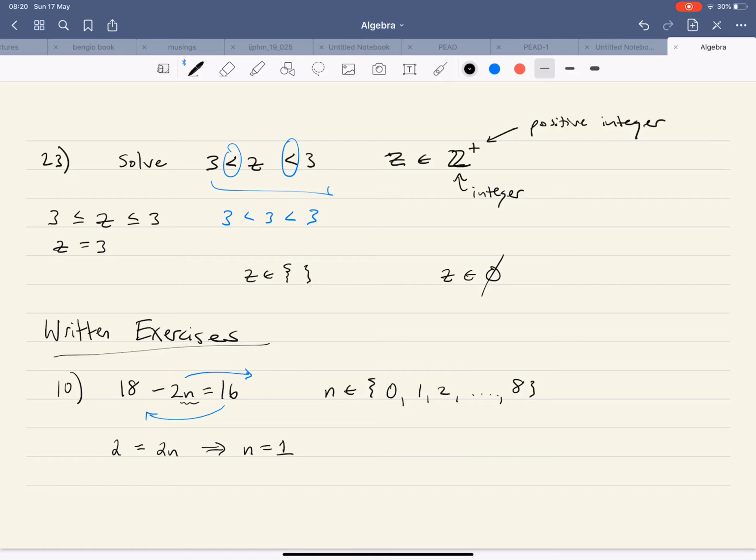If I divide both sides by 2, I get n equals 1. So that means n is an element of the set {1}, or I could write it as n such that n equals 1. Okay, let's do another example.